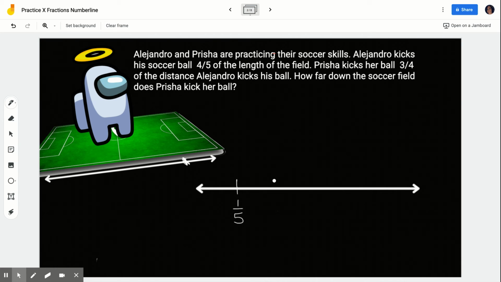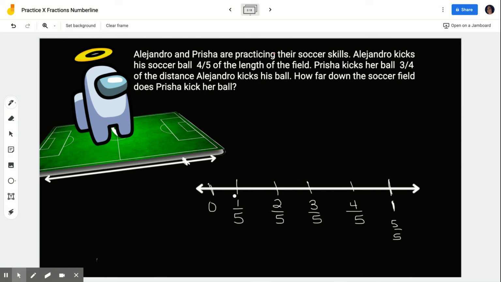So that would be 1/5 of the field, and 2/5 of the field, and 3/5 of the field, and 4/5 of the field. And here, just a little short would be 1 whole. We would say that is 1 whole, or 5 out of 5, 5/5. And down here, we can't forget to represent 0. So beginning of the field and end of the field.